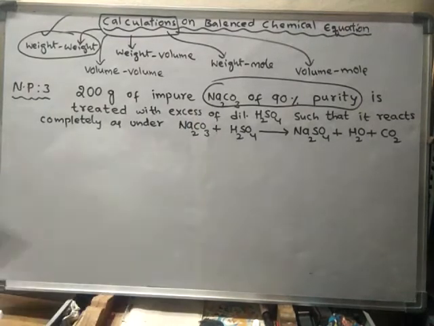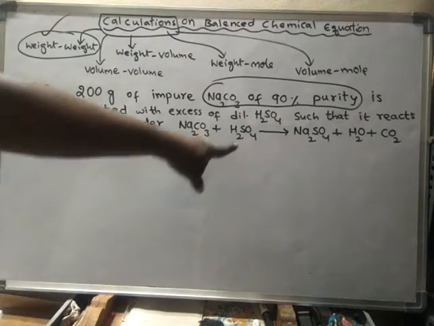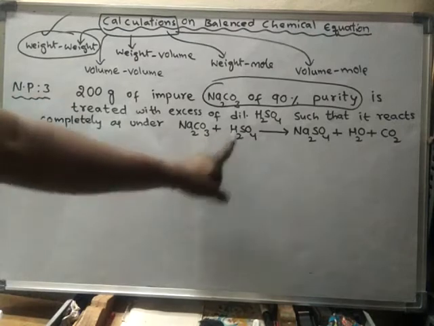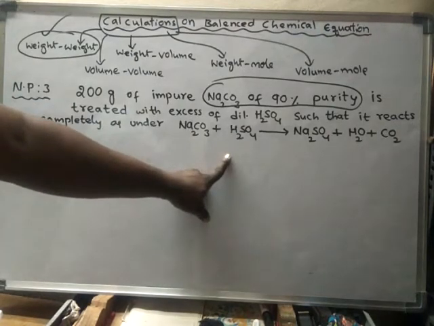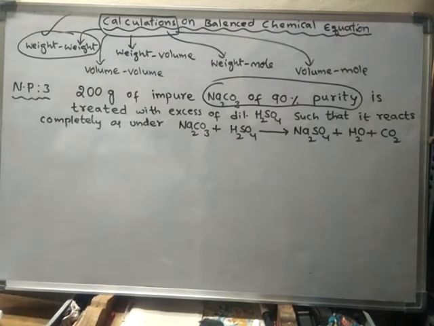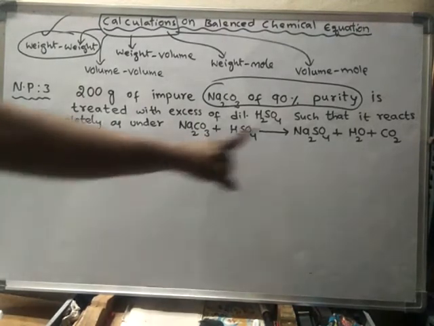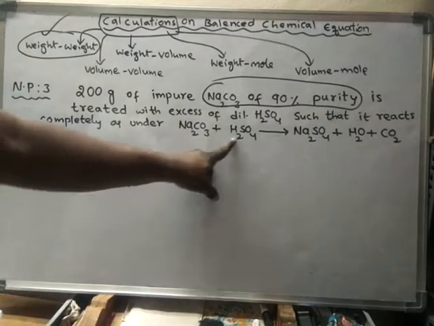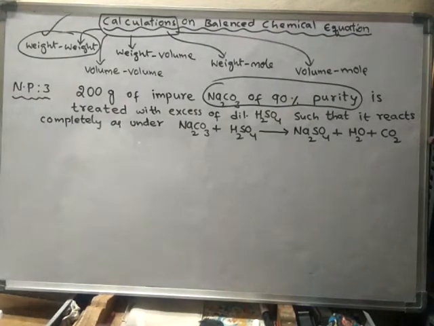So impure sodium carbonate is made to react with sulfuric acid, which is taken in excess, and the reaction takes place. That means the sodium carbonate reacts completely with dilute sulfuric acid.